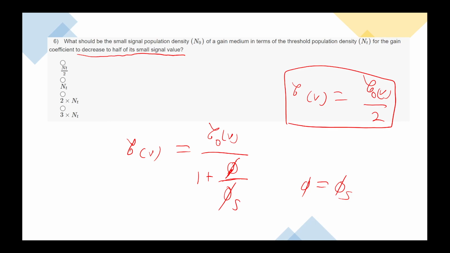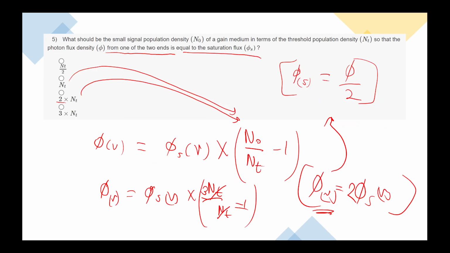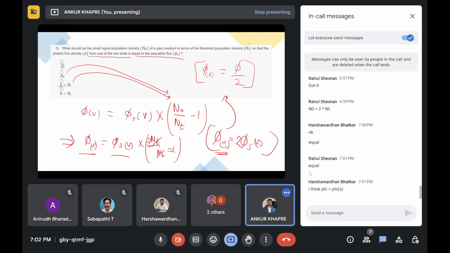Okay. Then if you keep these two values in the previous formula here, both will cancel out, and whatever you get here, you have to solve that. In that you will get the exact value of n naught. So your answer will be here.